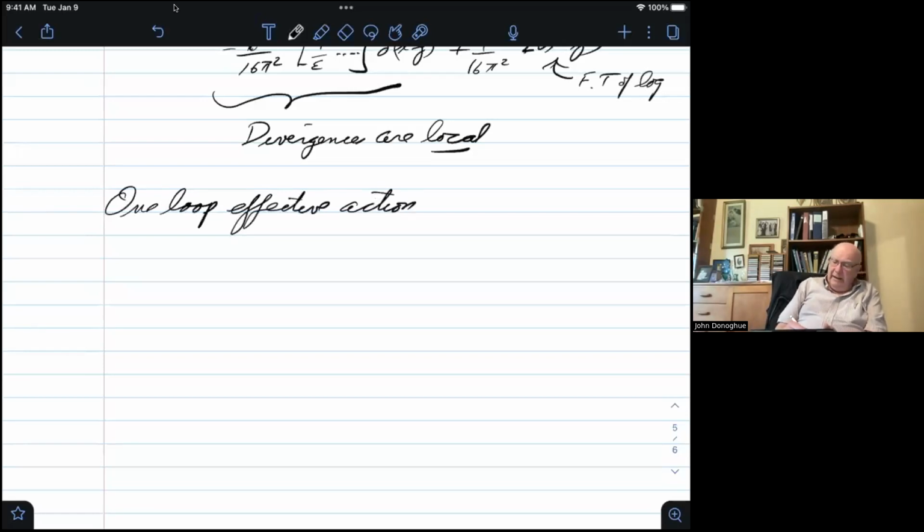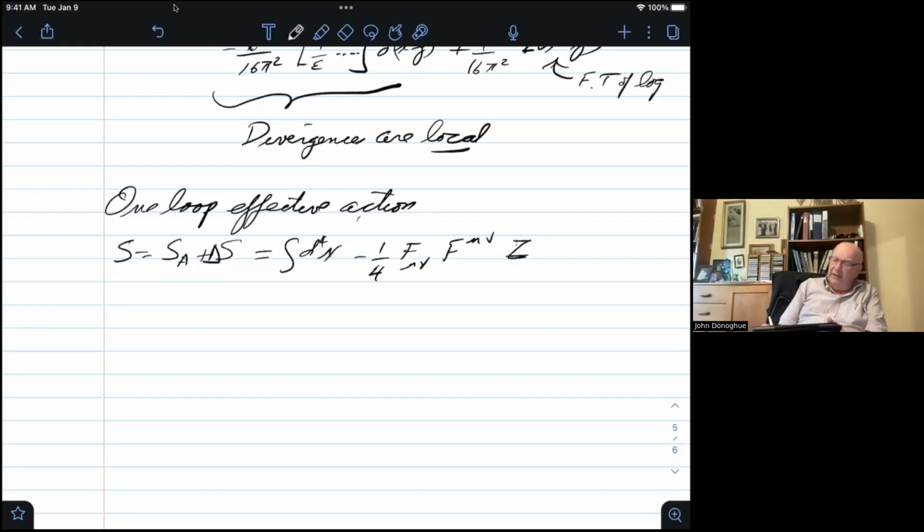I get S is equal to S of the photon field plus S of the one loop. Let me call it delta S. I end up with the integral d4x of minus a quarter F mu nu squared times some constant.